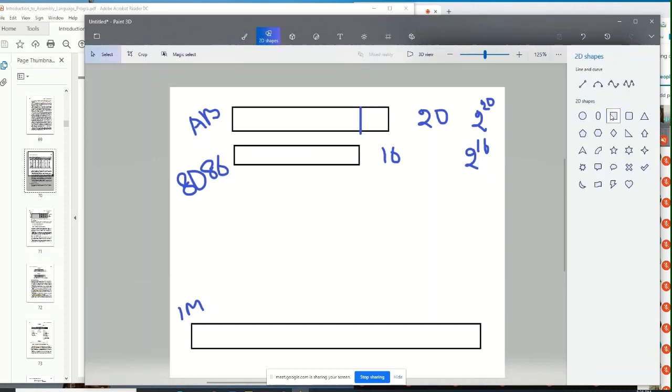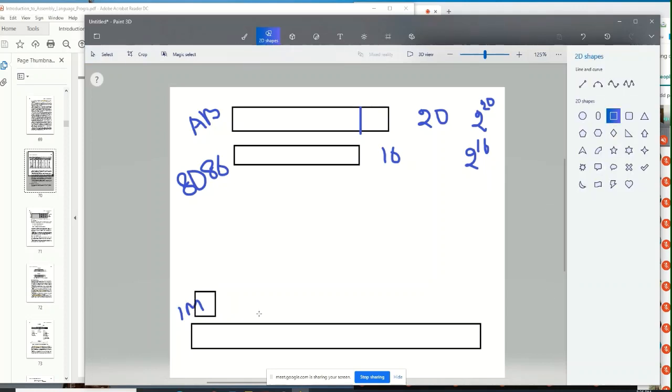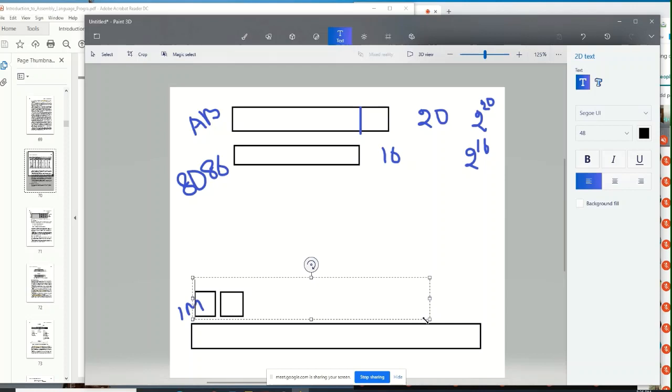That means at the same time we can have 64 kilobyte of memory at a time, because our processor cannot do much more than that.